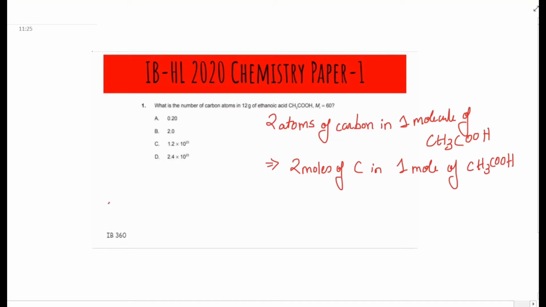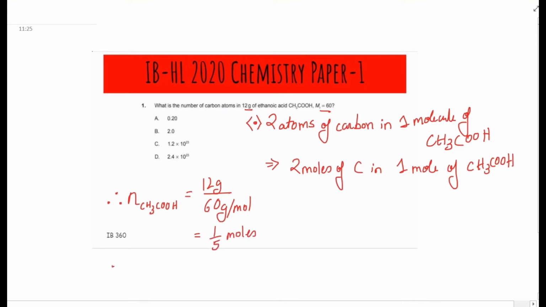Now, this is the first step in solving this problem. In the next step, let's calculate the moles of ethanoic acid. So n of CH3COOH would be equal to the given weight, 12 grams, divided by the molar mass, which is 60 grams per mole. So what we get here is 1 by 5 moles.